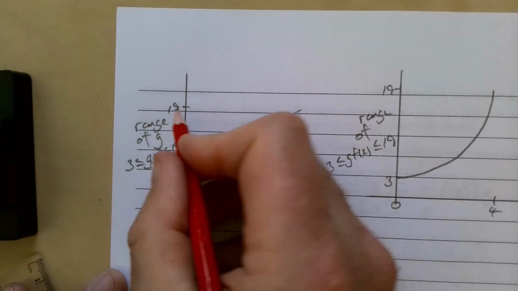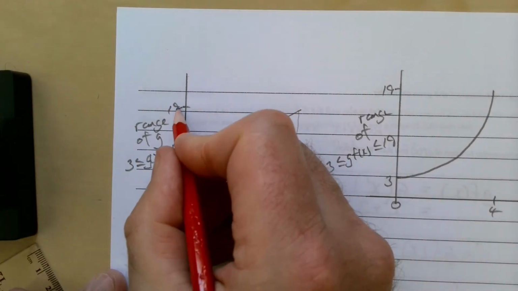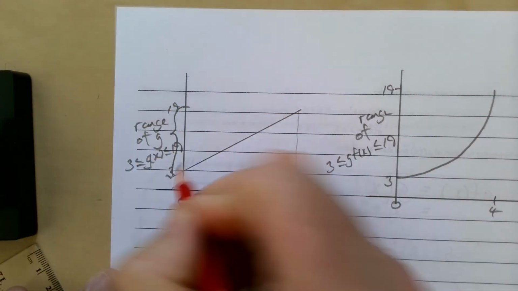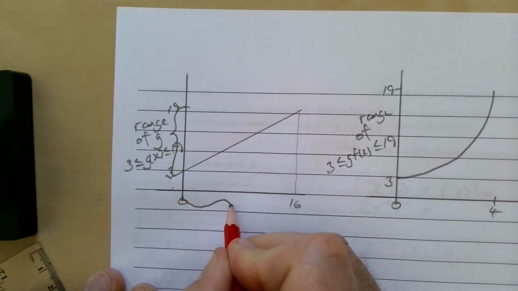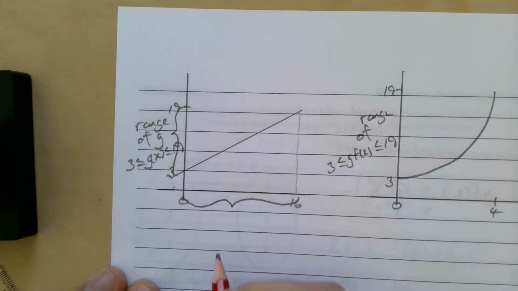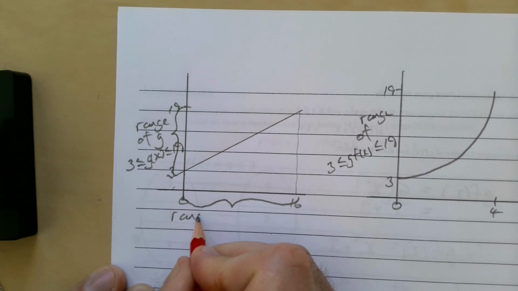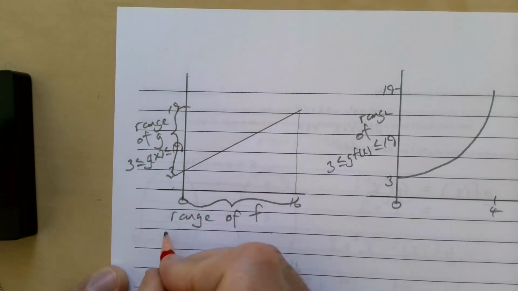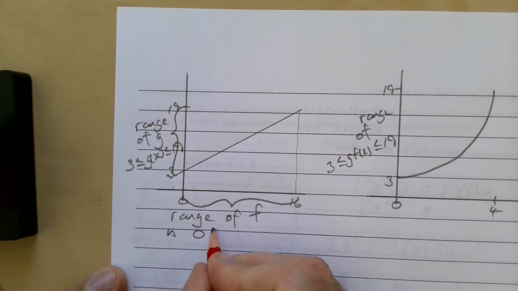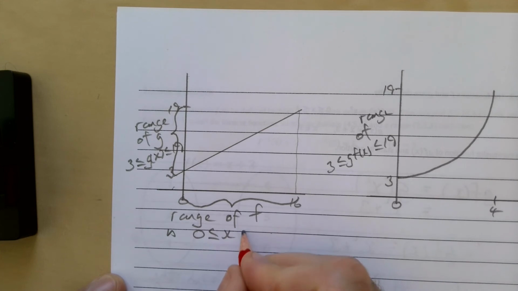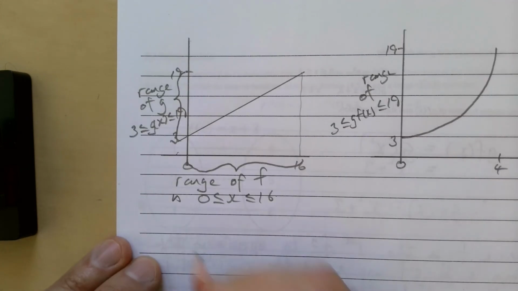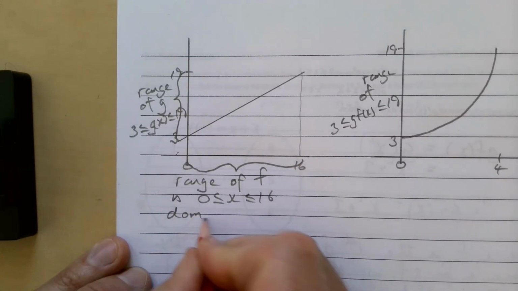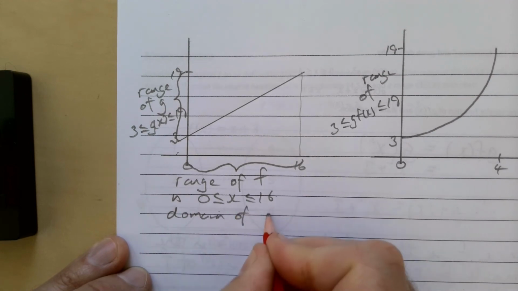Also I've written down here, so that was this bit here. Put down here, this was the range of f is 0 less than or equal to x less than or equal to 16, and this of course then is the domain of g.